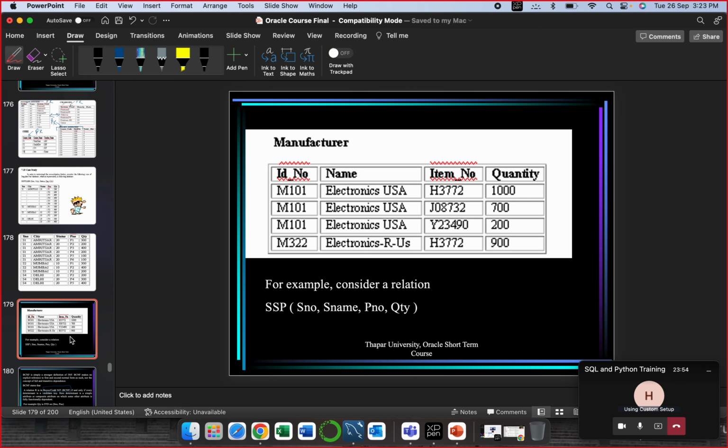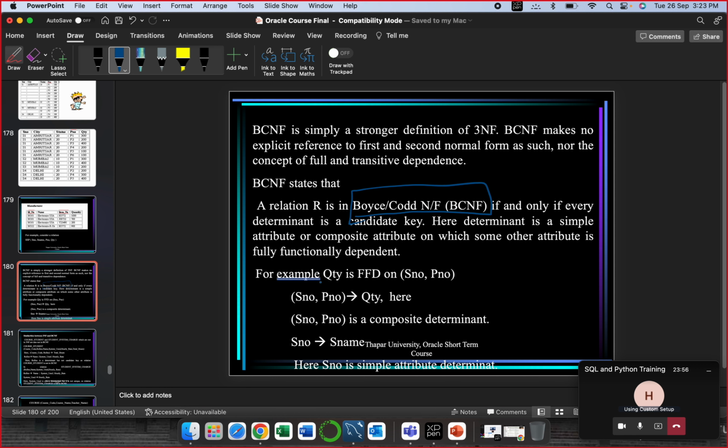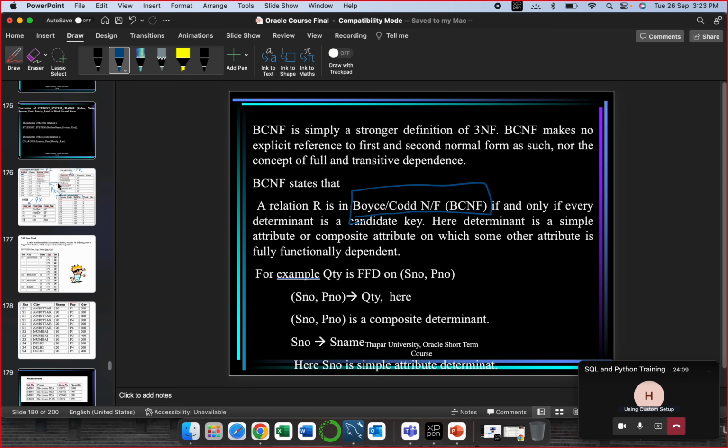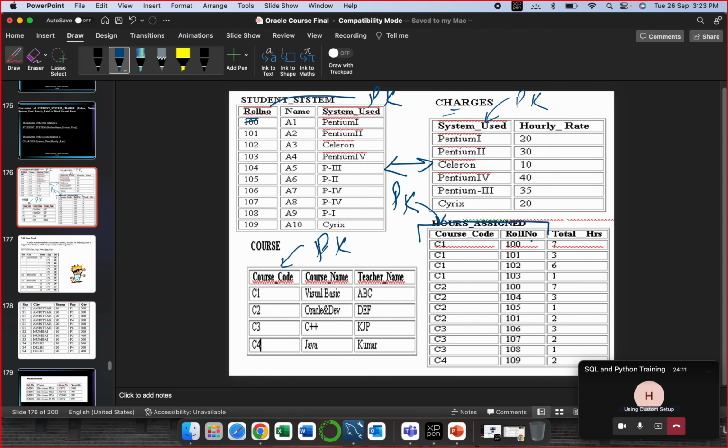Now that's what they are saying in BCNF: if and only if every determinant is a candidate key. So a determinant is something that helps to determine a value or another attribute. So over here, course code and roll number help you to determine total hours.